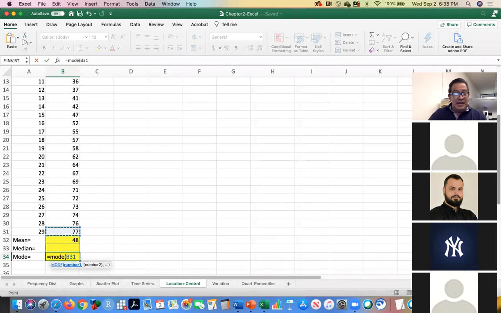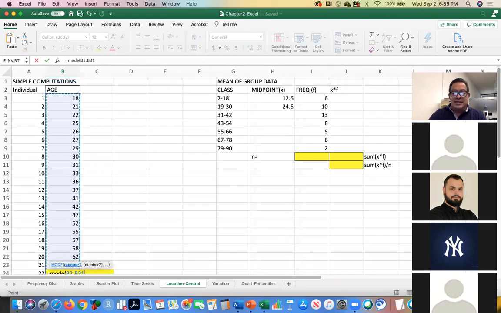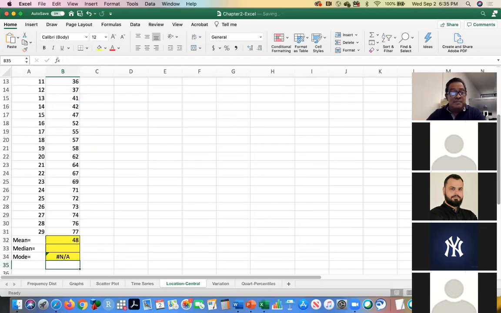I am going to click shift and hold it, and then move my arrows up. I'm assuming that there is no mode here, but I don't know. Sometimes these databases are so big that it's very hard for me to identify. So if I press enter here, it says N/A, so there is no mode. No number is repeated at least more than once.